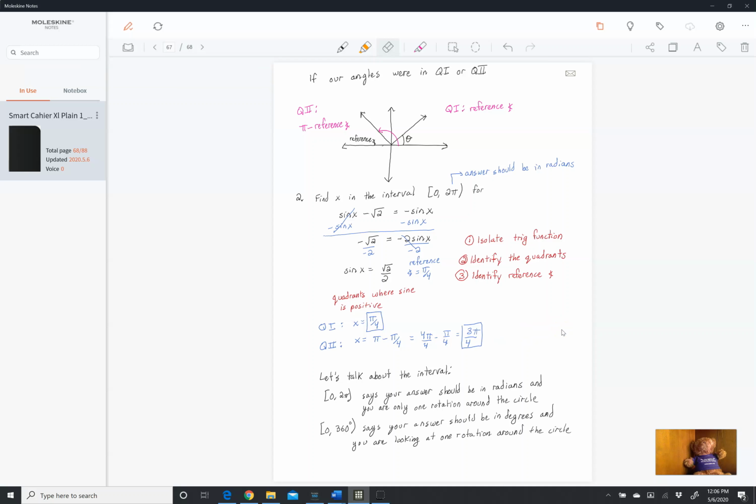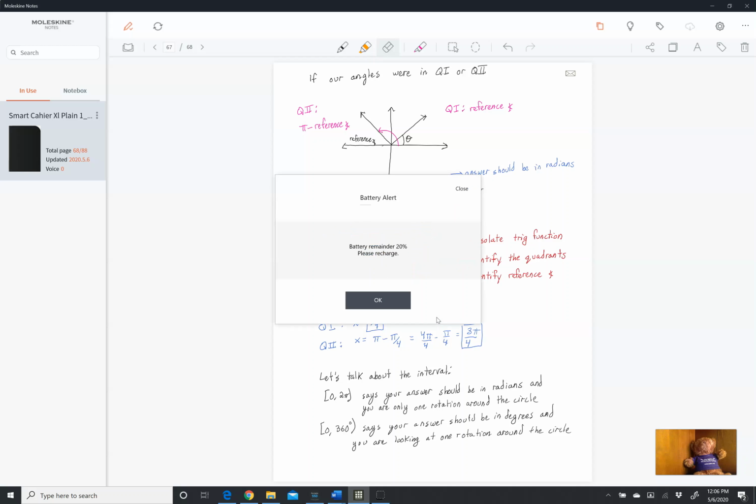Because you're saying it's pi over 4, but it's also pi over 4 plus 2 pi, plus 2 pi again, plus 2 pi again, plus 2 pi again, n times, okay? And 3 pi over 4, plus 2 pi again, plus 2 pi again, plus 2 pi again. So if there is no interval, then you add 2 pi n, okay?